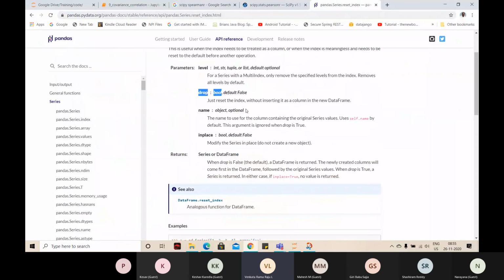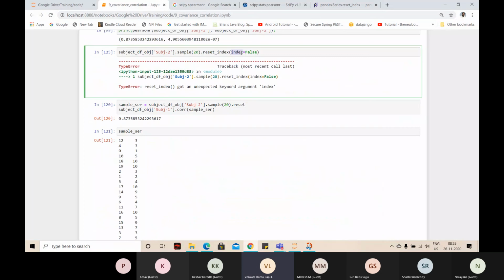And drop through. So we should drop the index there. Original index it will drop.